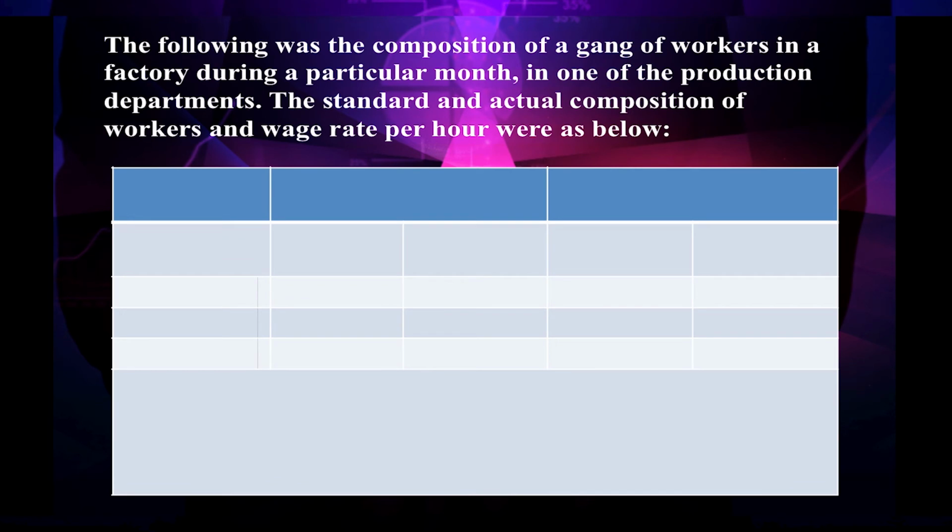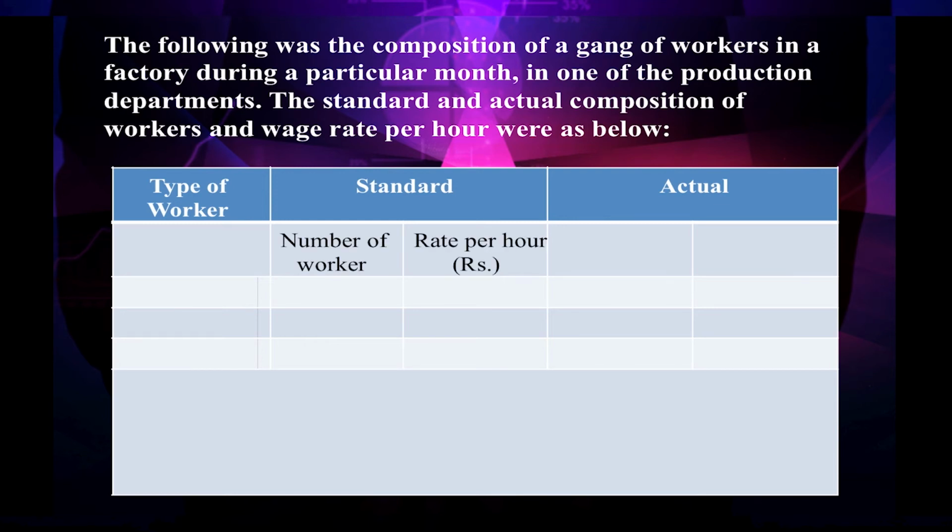Let us take an example with idle hours in the form of mix variance. The composition of a gang of workers in a factory during a particular month in one of the production departments is where 3 different types of workers are employed: skilled, semi-skilled, unskilled.